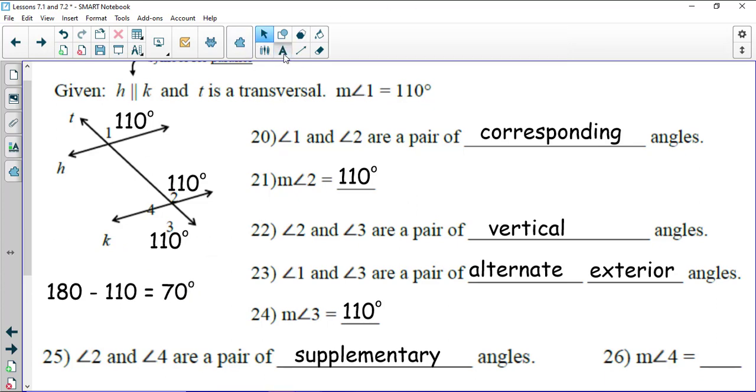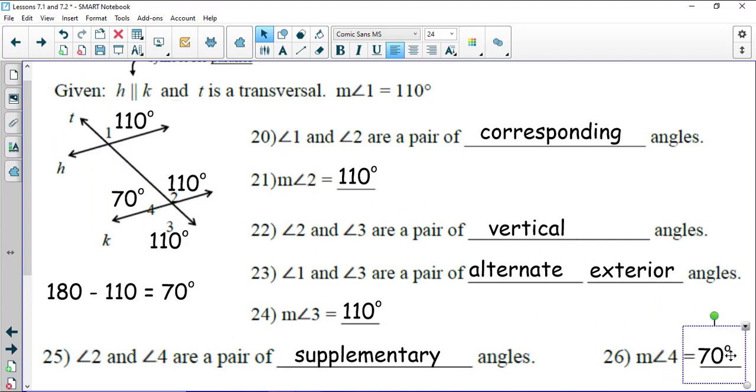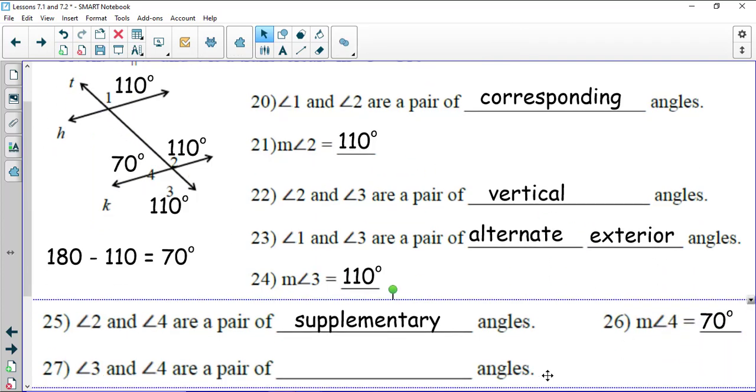So the measure of angle 4 is 70 degrees. And I will take that and I will copy and paste it, or at least attempt to, down here for number 26.